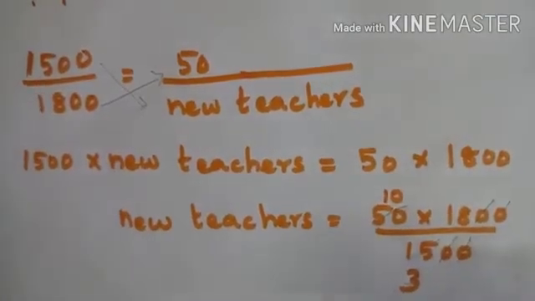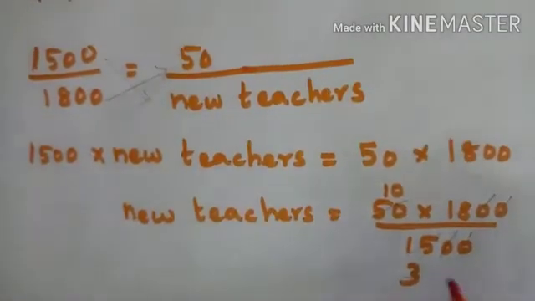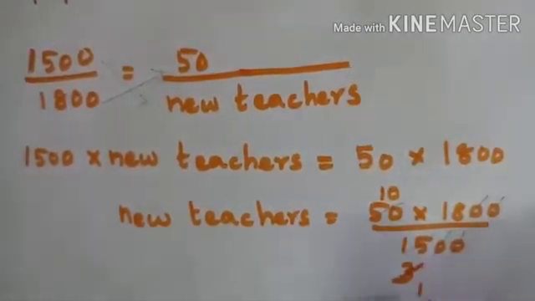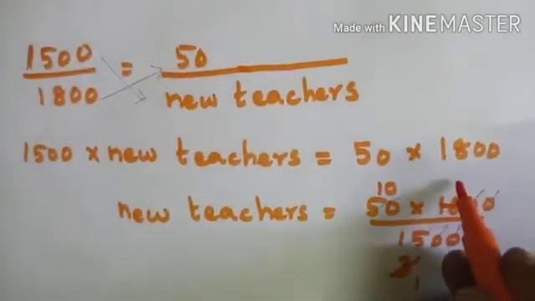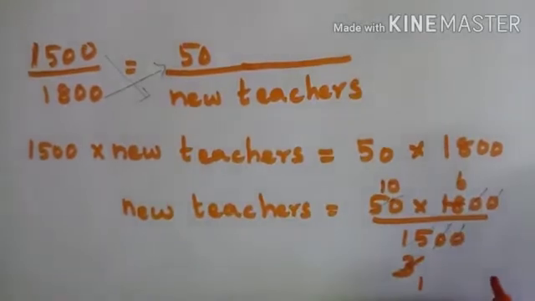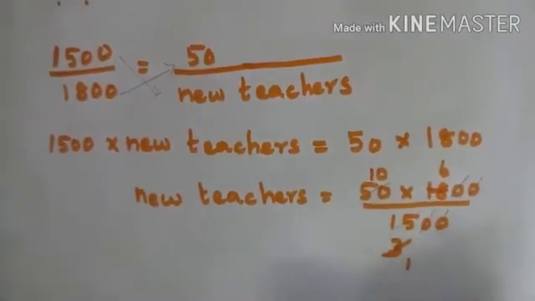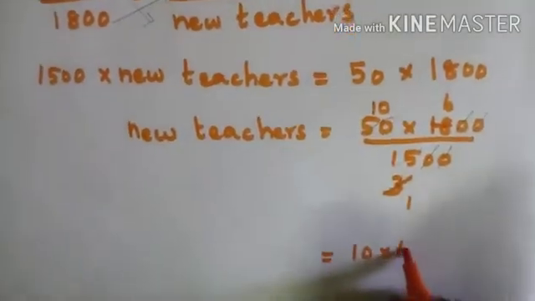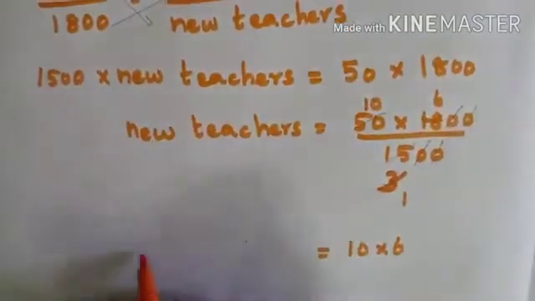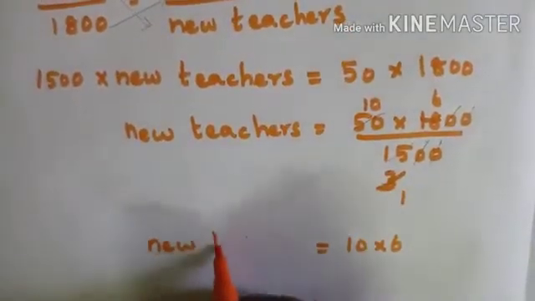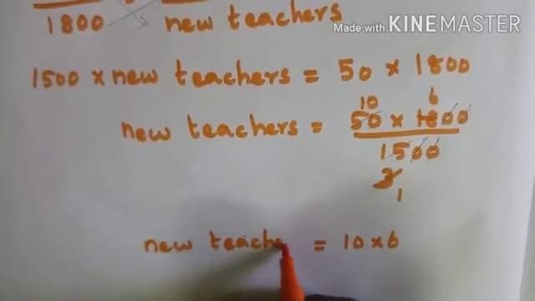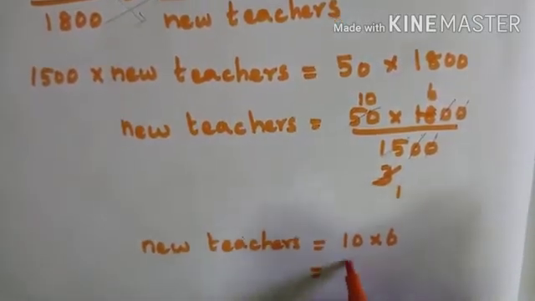So we can strike it in which table? 3 table. 1 3 is 3 and 6 3s are what? 18. Therefore that is equal to 10 into 6. Now the new teachers equal to 10 into 6, that is 60.